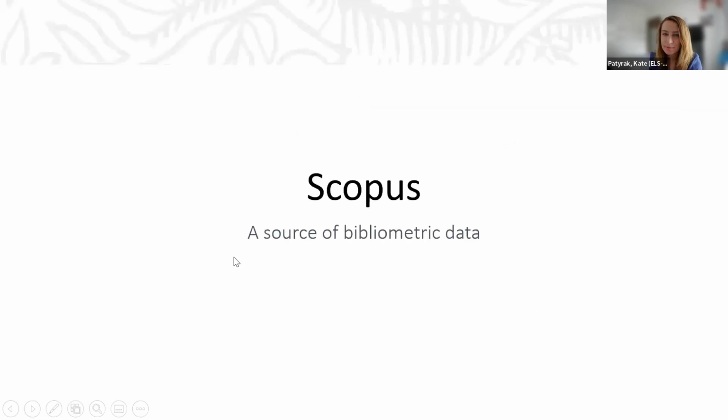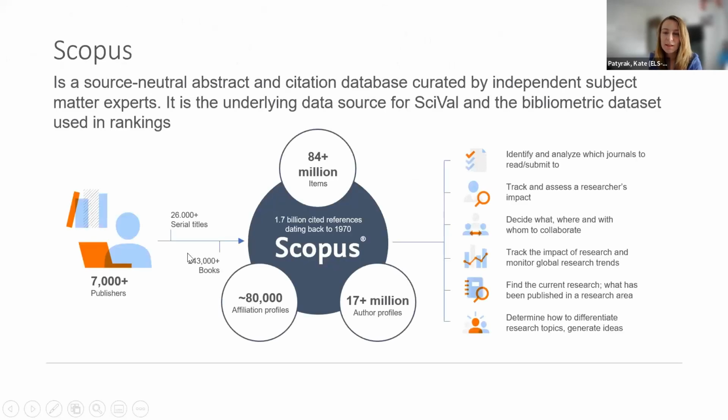Before we deep dive into the ranking, let's have a quick look at Scopus. I think this is a slide most of you already recognize. Scopus is, of course, a source-neutral abstract and citation database curated by independent subject matter experts. It is effectively the largest curated abstract and citation database of peer-reviewed literature, delivering a comprehensive view of the world of research.